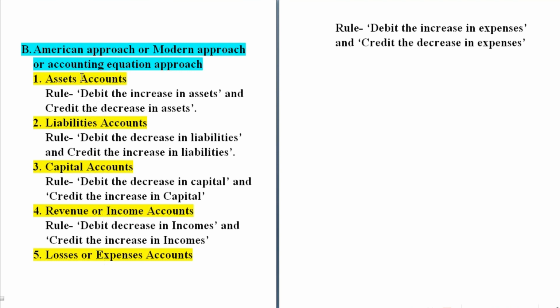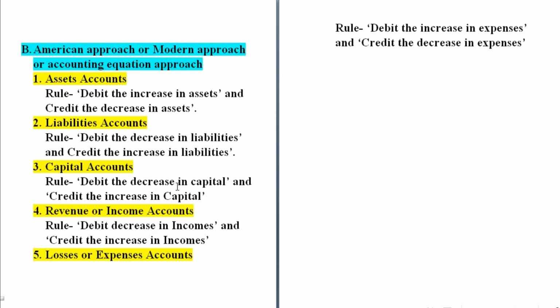So once you remember the rule of asset, the same rule applies for loss: debit increase, credit decrease. For liability, capital and revenue, once you learn the rule of liabilities, it is the same for capital and revenue: debit decrease, credit increase, for all three.